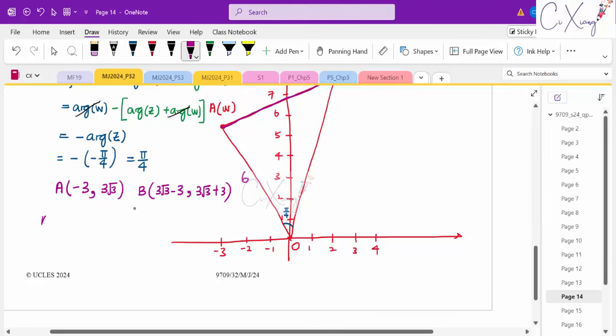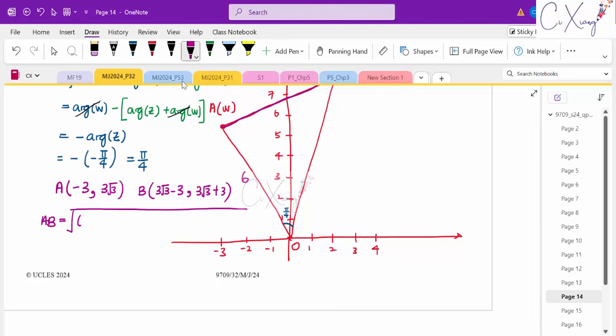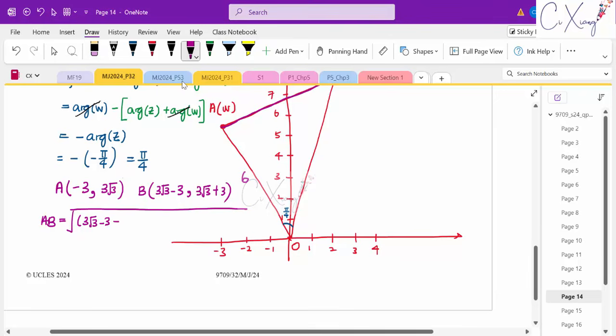Okay, so how can I get the AB? To get the length of AB, you are taking x1 minus x2. Maybe I take B minus A. So this is the B, x1 minus x2, then you square it.